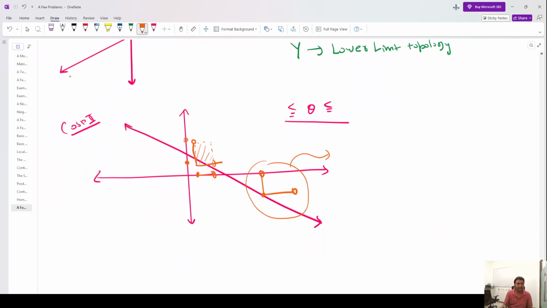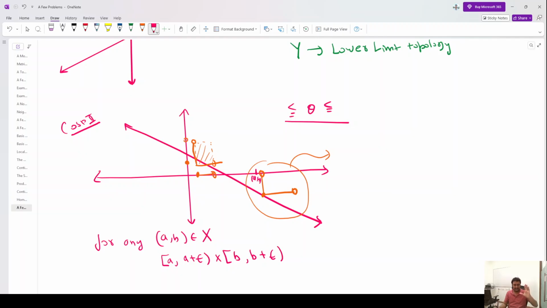So let me write it formally if you want. For any (a, b) in X, so let's say this is your (a, b), right? What you have is this interval, say a to some a plus epsilon cross b to some b plus epsilon, right?